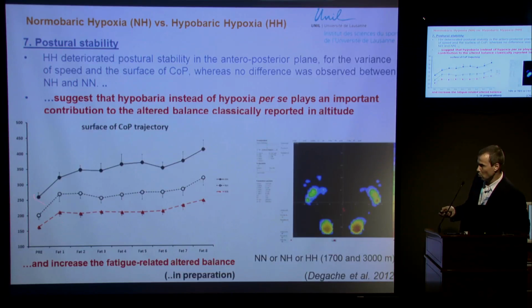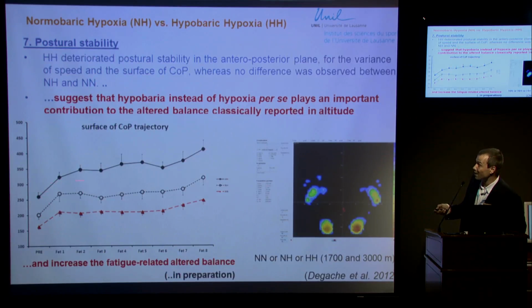If you look at this data, it's exactly the same as here. You can see that even in a non-fatigue condition, in hypobaric hypoxia, you get a higher trajectory of your center of pressure compared to normobaric hypoxia and compared to NN.